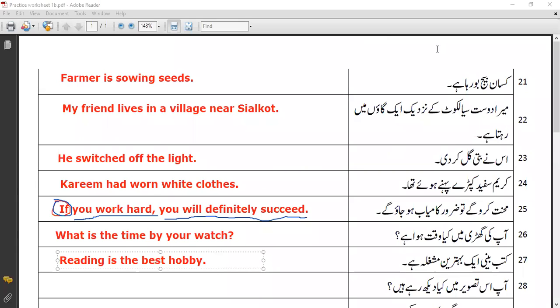And coming to the next one, आप इस तस्वीर में क्या देख रहे हैं? Again, it's a question. So, what are you looking at in this picture?